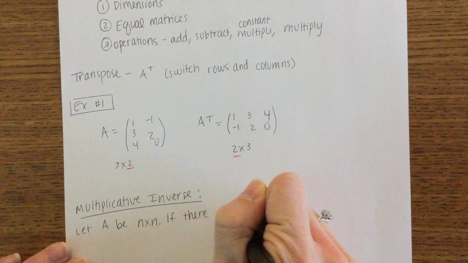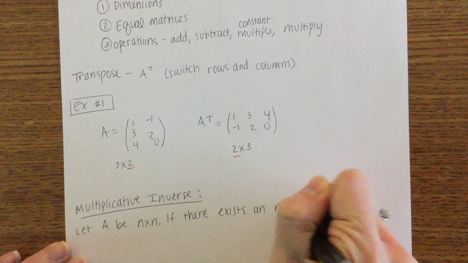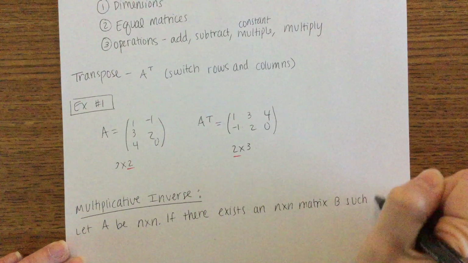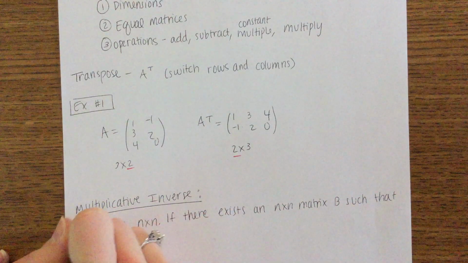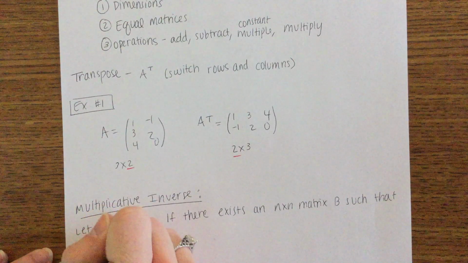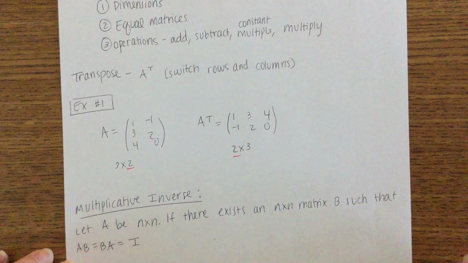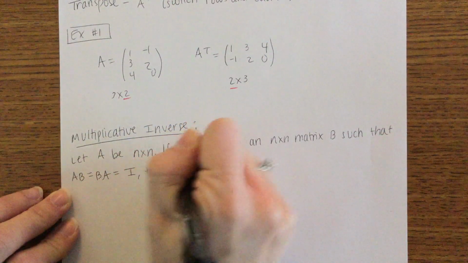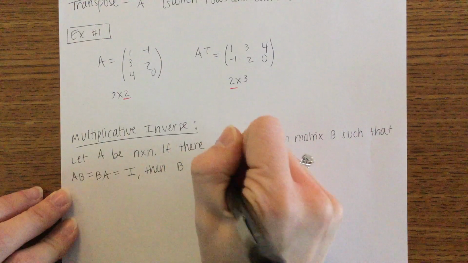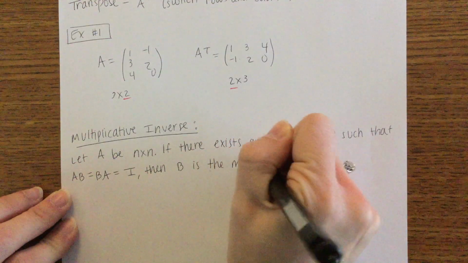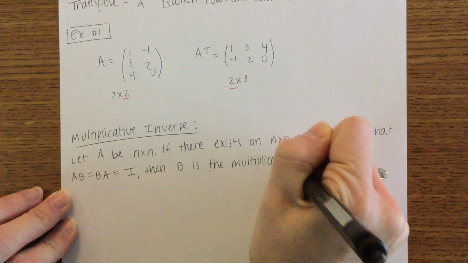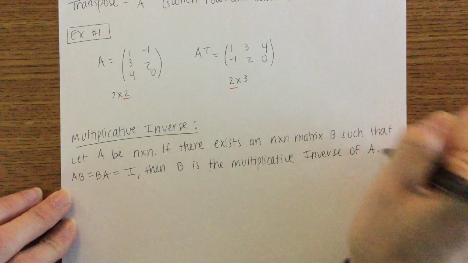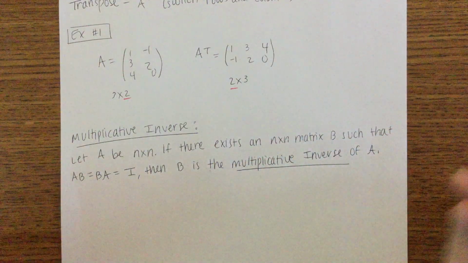If there exists an n by n matrix B such that A times B or B times A gives us the identity, then we say that B is the multiplicative inverse of A. I think in the past you guys probably just called it the inverse.